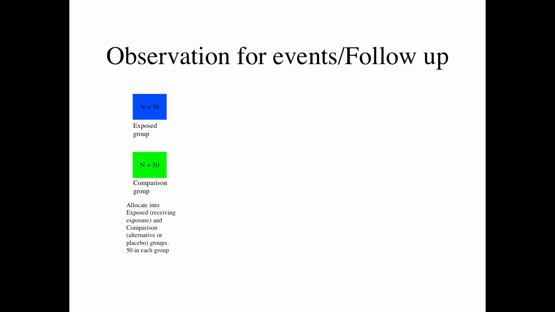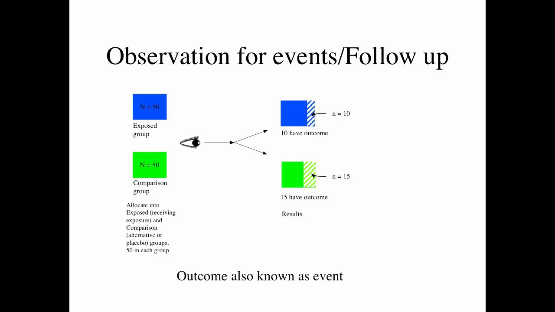Now, what we do, we look at these groups and we follow them up over a period of time, during which events will happen in each group. Now, the word outcome and event are frequently used interchangeably. We see here that in the exposed group, 10 people have had the event, and in the comparison group, 15.